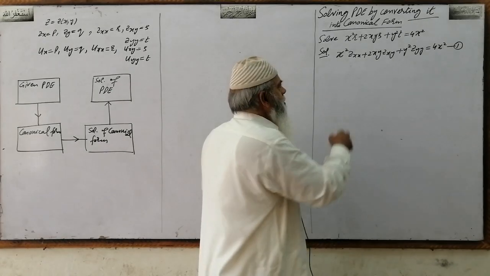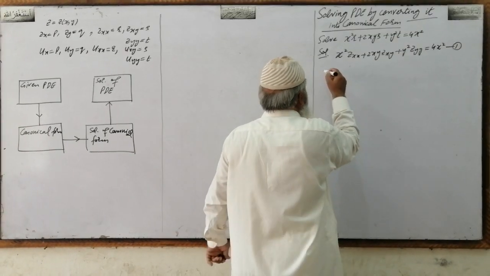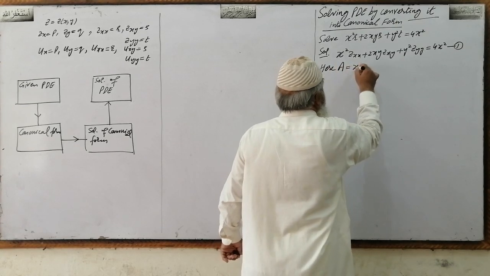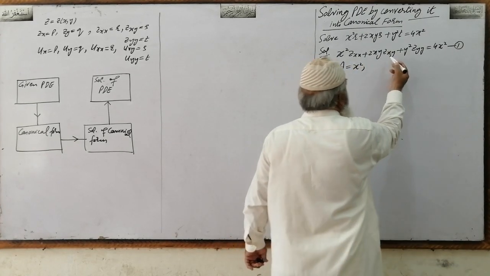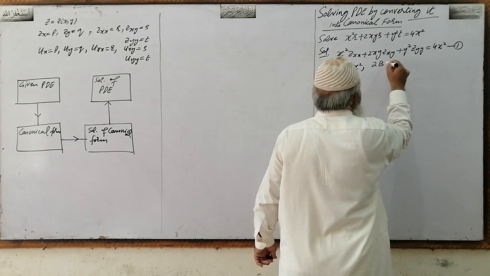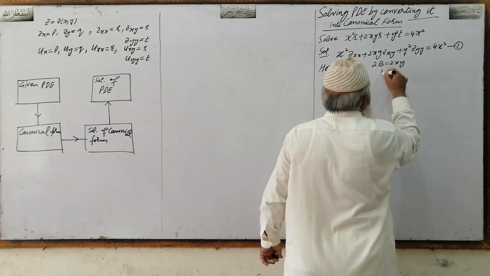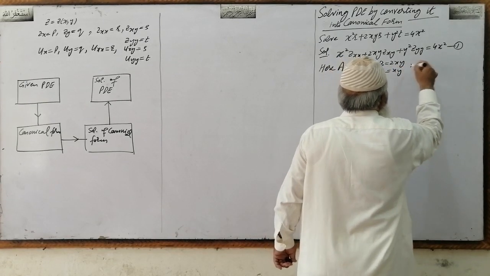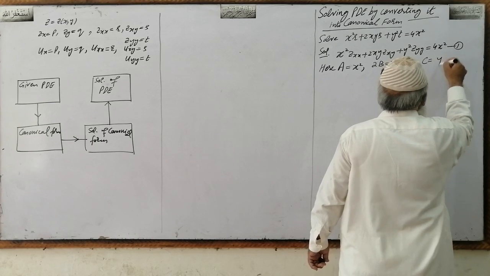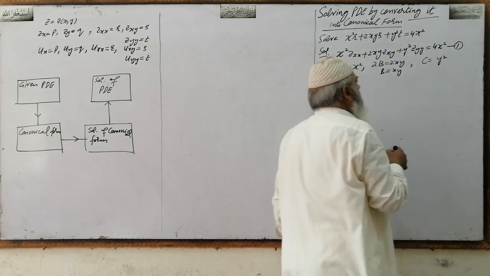Here the coefficient of z double x is considered as a, which is x square. The coefficient of the mixed derivative is considered as 2b. Here 2b is equal to 2xy, meaning b is equal to xy, and the coefficient of z double y is considered as c, which is y square.